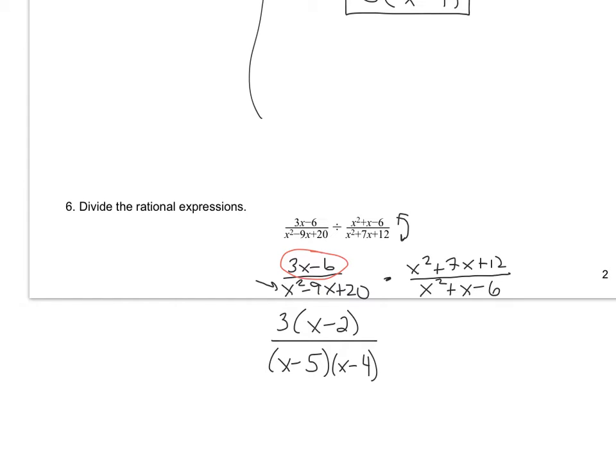And since we've done so much factoring, I'm going to go through these a little quicker. So the top right one is going to be two numbers that multiply to 12, add to 7. That'll be x plus 4, x plus 3. In the bottom right, two numbers that multiply to negative 6, add to 1 will be positive 3 and negative 2.